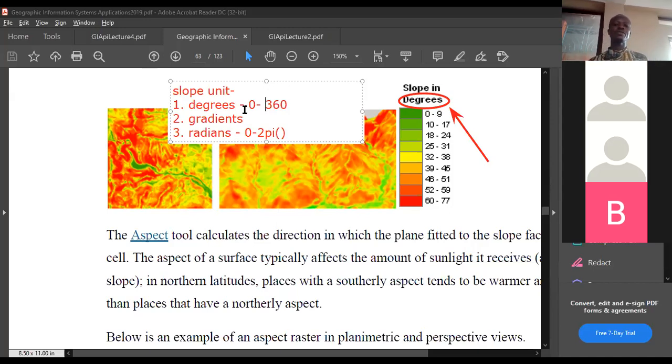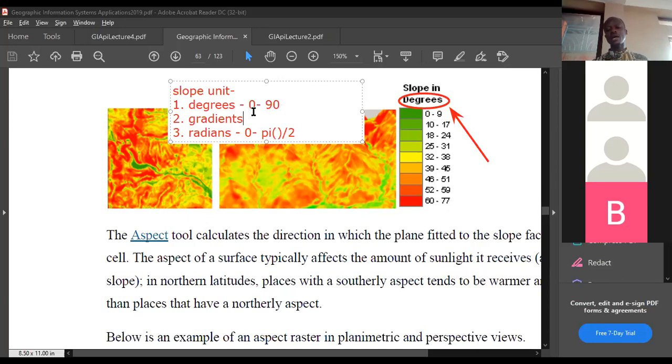So even saying 2 pi is too far. 2 pi is 360, pi is 180, and pi over 2 is 90.